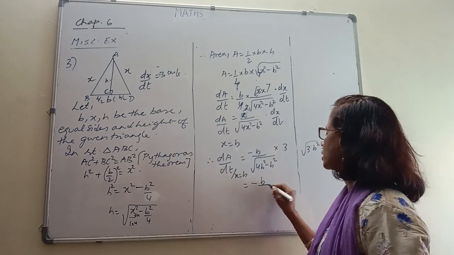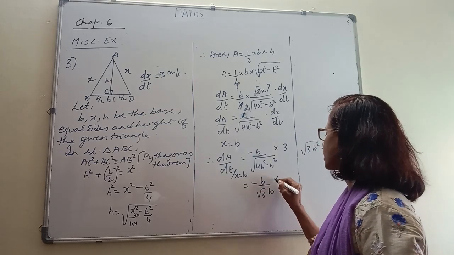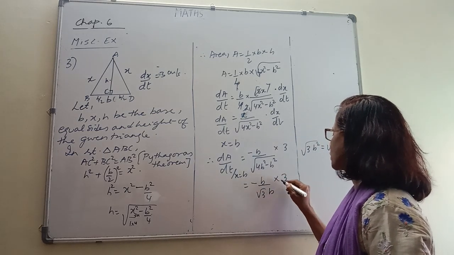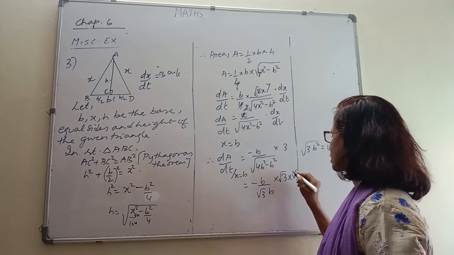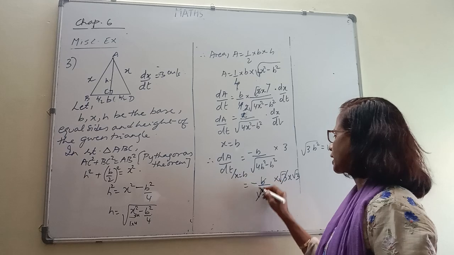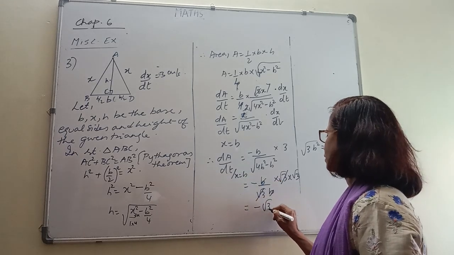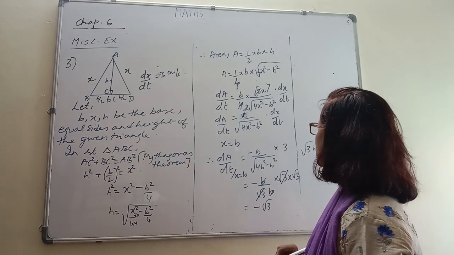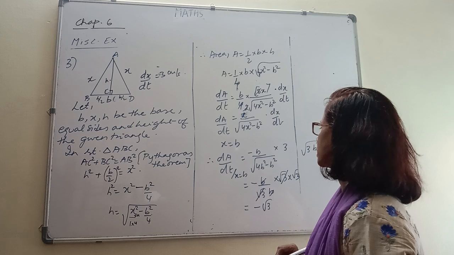So let's write root 3 b and 3 here. 3 we know we can write as root 3 times root 3, so that this can cancel. B can cancel. You are left with negative root 3.